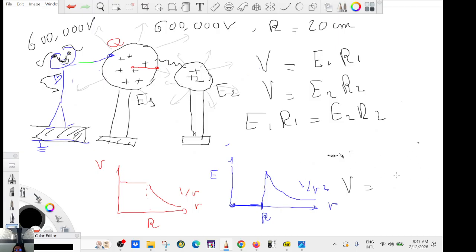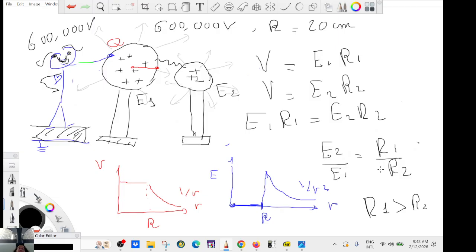So what do you think is going to happen to the electric field? Which one has the largest electric field? You have E2 over E1 equals R1 over R2. R1 is larger than R2. So which one is larger, E1 or E2?